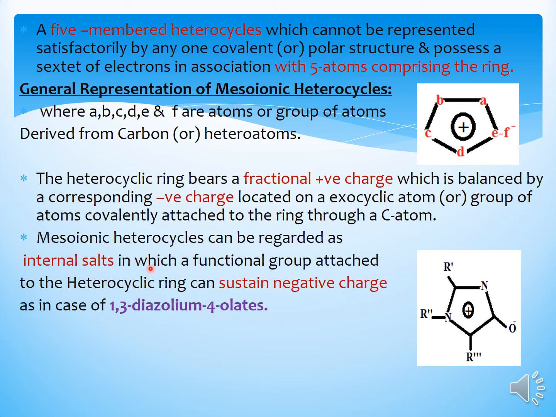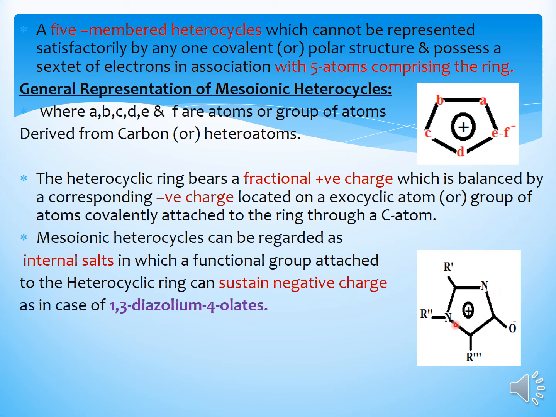not an external salts. Okay, internal salts in the sense, here what happens is the functional group will be attached to the heterocyclic ring which can sustain a negative charge. Okay, the atoms or the group of atoms which will sustain a negative charge exocyclically, which has to be covalently attached with the atoms or the group of atoms in the heterocyclic rings.